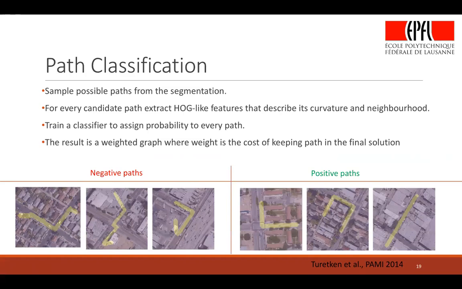So far we use some handcrafted features, and we train a separate classifier, but we are looking into ways of using some deep features and maybe training the segmentation and path classification together at the same time.